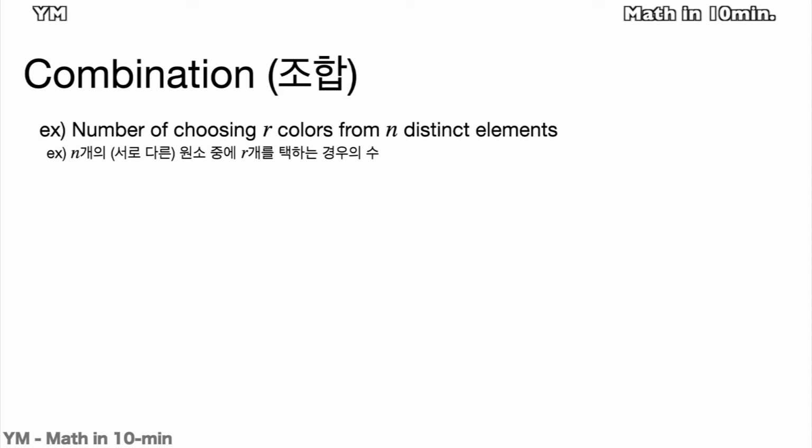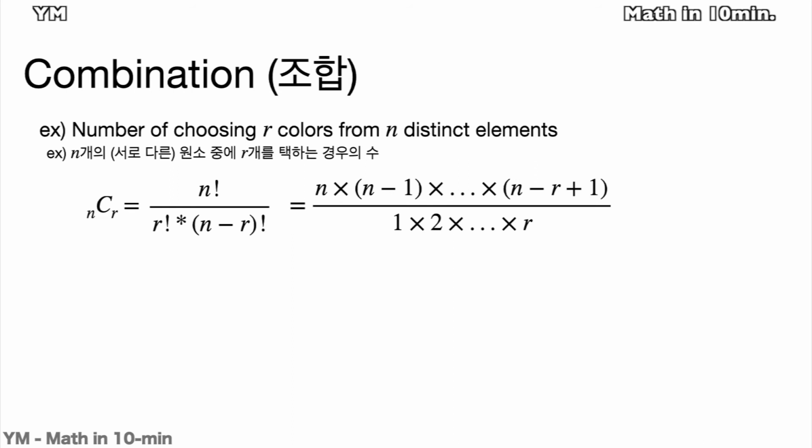Likewise, the number of choosing r objects from n distinct elements is equal to n choose r, which is also equal to n factorial divided by r factorial times n minus r factorial. In some other math books, n choose r is also denoted by this.